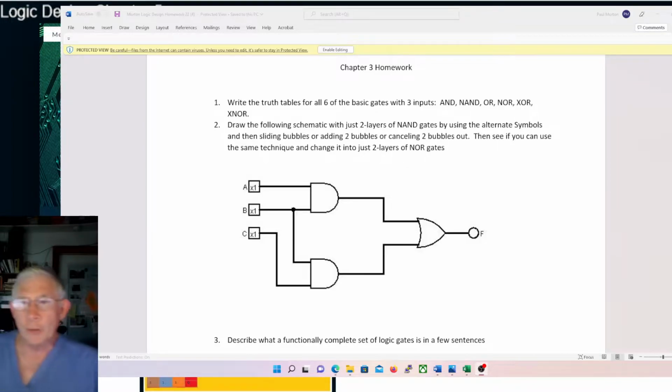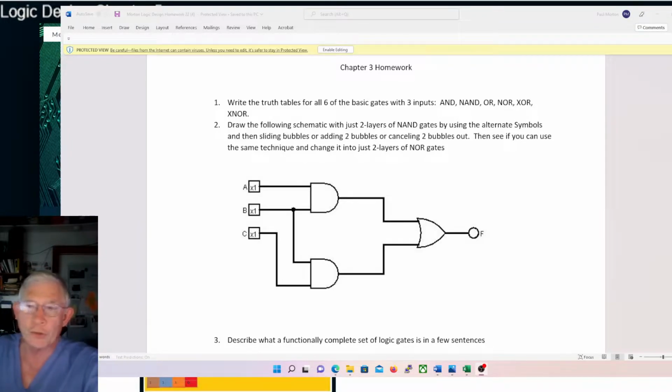The truth tables for all the gates should be real straightforward. There were some questions about this question: draw the following schematic with just 2 layers of NAND gates by using the alternate symbols and sliding the bubbles along the 2 wires, and then see if you can use the same technique to change it into just 2-layer NOR. First let me answer the second part.